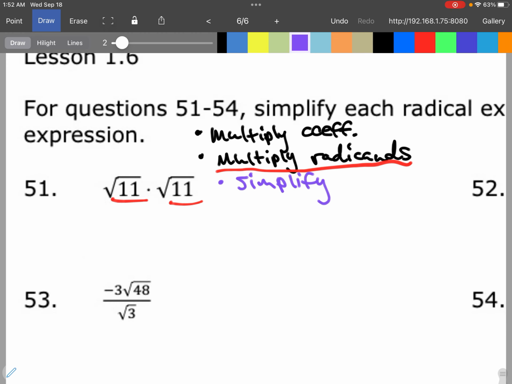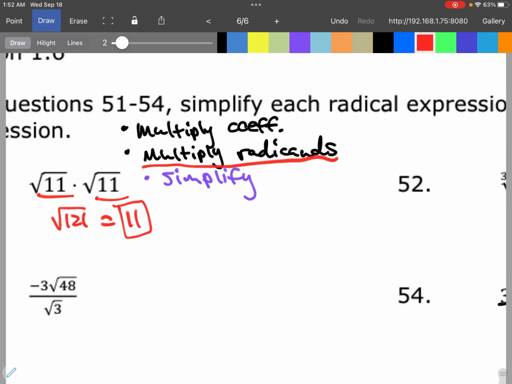Anyway, so for this first one, because both of these numbers are inside the radical, you multiply them, and you get 121. But they're still inside the radical. So since we have the square root of 121, type that in the calculator, you get 11. While you're at it, press pause and go type it in the calculator.